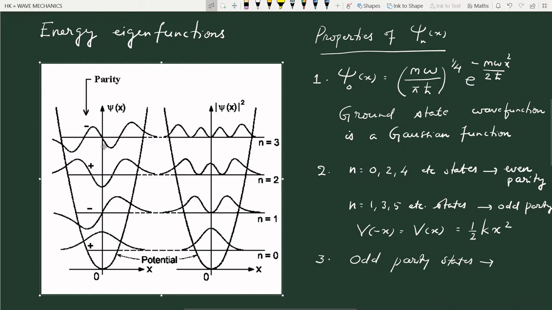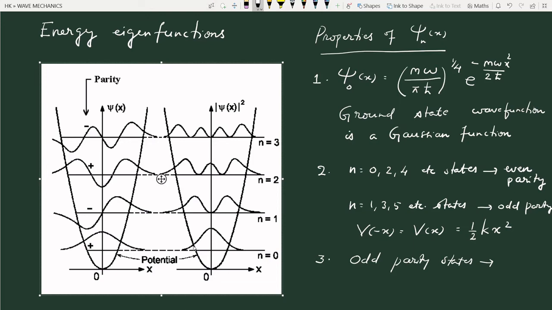You have a node at the mean position or at the origin. Origin is the mean position. So whatever be the point about which the wave function is showing a definite parity, here it is x equal to 0 point. That mean position will be having a node. A node means a zero displacement point. Antinode means a maximum displacement point. So this is true for any odd parity state, not simply a property of the harmonic oscillator.